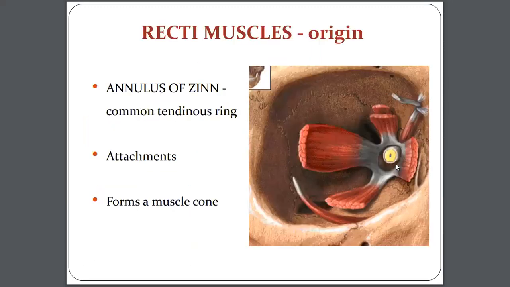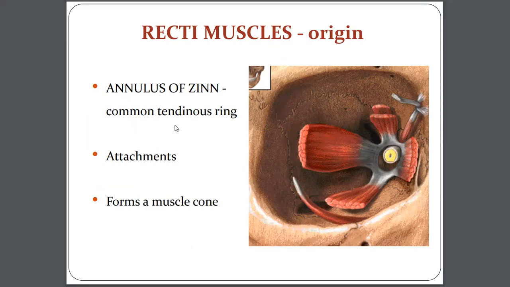Now, if you just take a look inside the orbit, most posterior, at the apex of the orbit, there is a ring which is called the annulus of Zinn, also called the common tendinous ring of Zinn. This is the place from where all four recti take their origin: superior rectus, inferior rectus, medial rectus, and lateral rectus.